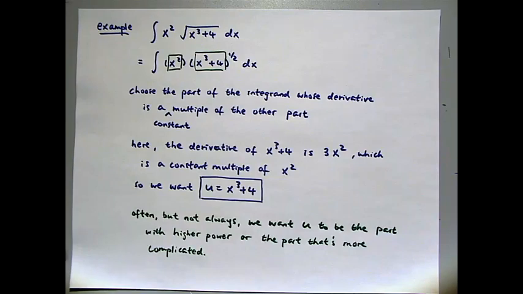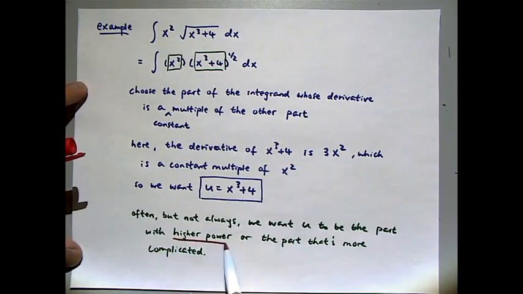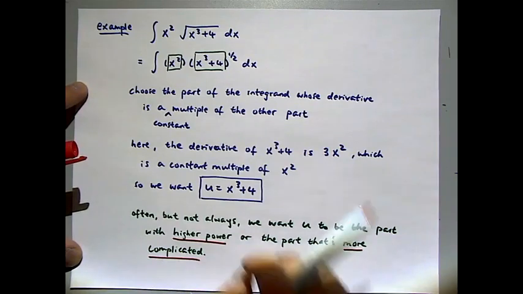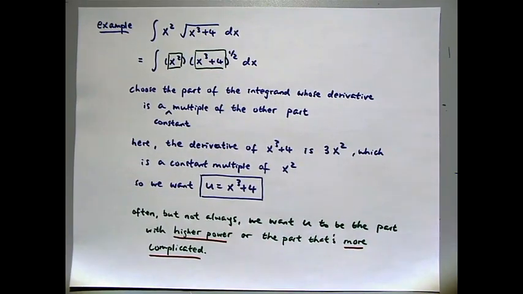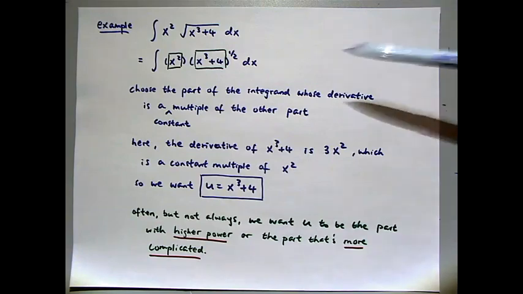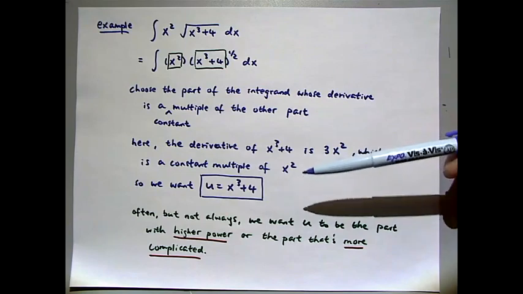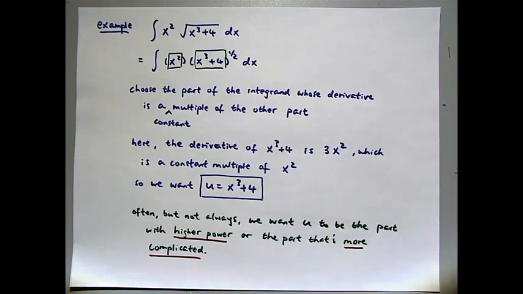It's a rule of thumb that you can follow, but there are exceptions to that. We'll see that on Friday. For now, today we'll focus on the simpler cases. Friday we'll look at some slightly complicated cases. But that's a pretty good rule of thumb. If you break things into two parts, choose the part with a higher power or the part that looks more complicated. In any case, once you've decided what u has to be, the rest of the steps are just the same as the last example. Okay?